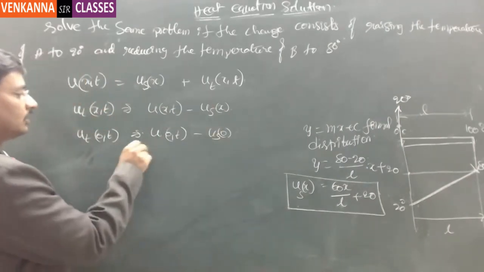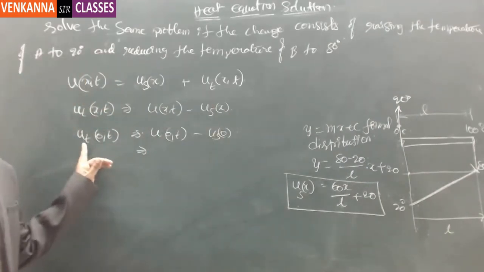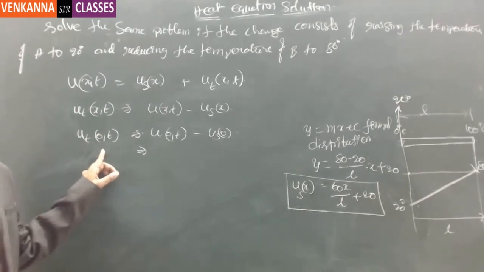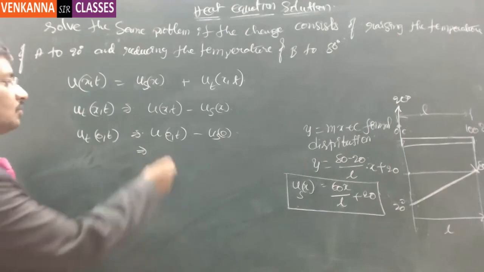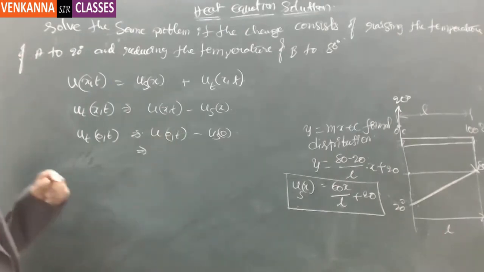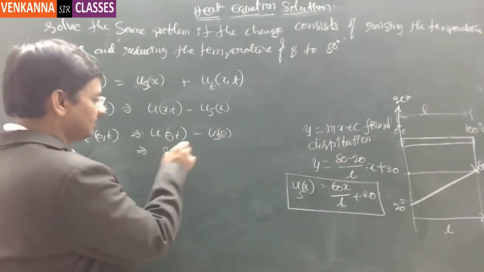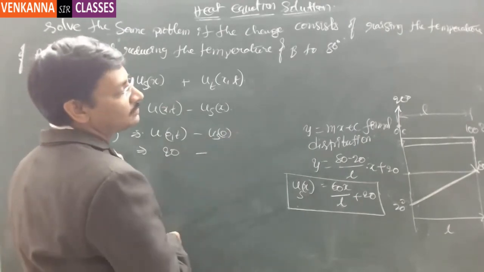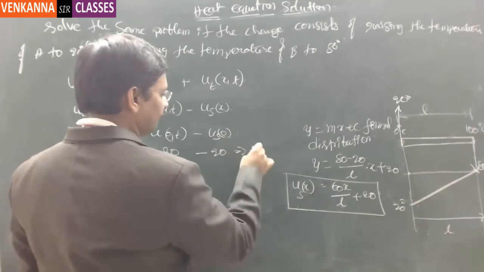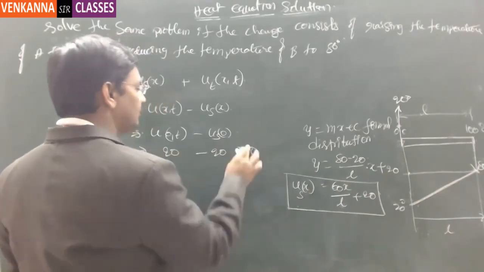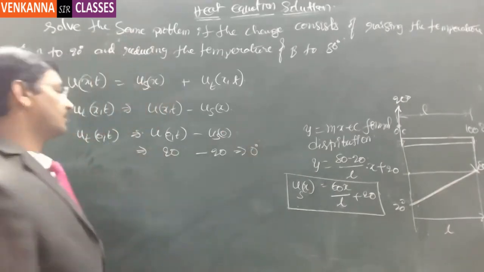This value is the temperature at x equal to 0. What is going to be the transient temperature? That is u of 0 comma t, which is initially at 20 degrees centigrade, and u_s of 0 is again 20 degrees centigrade. So this is going to be 0 degrees centigrade. Got it?